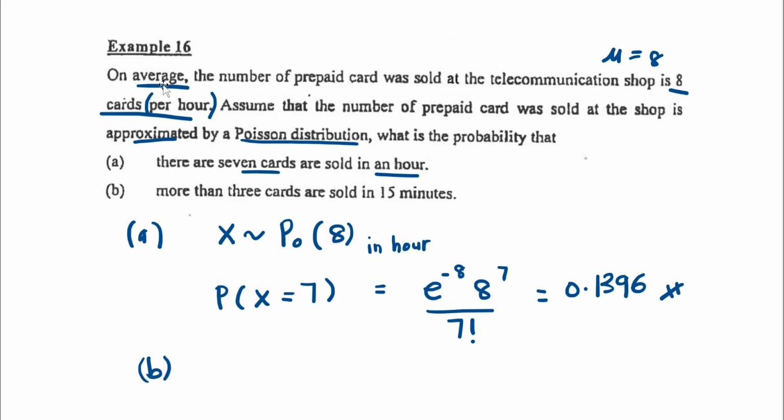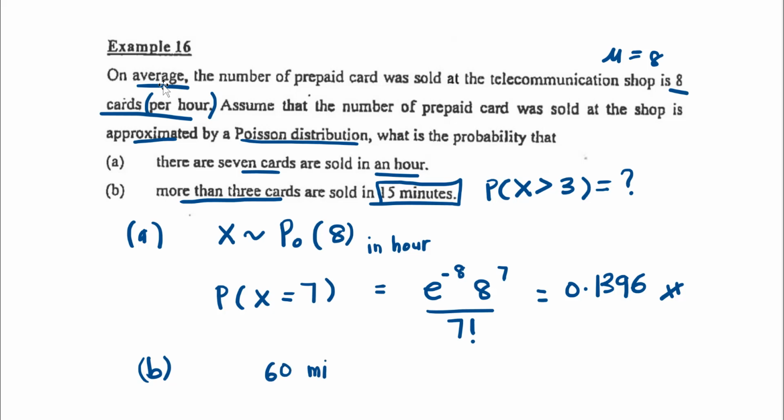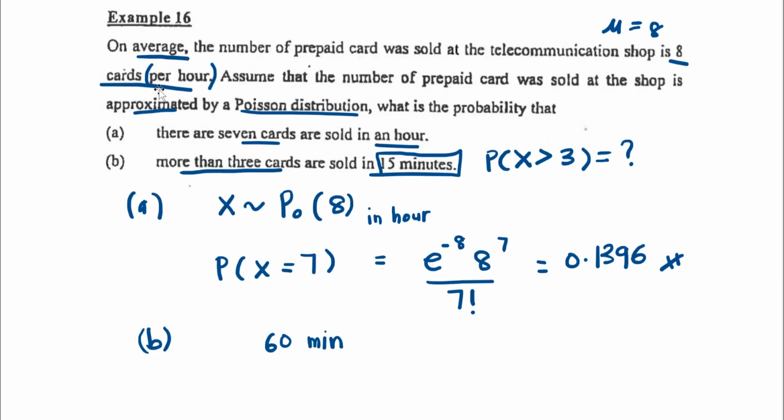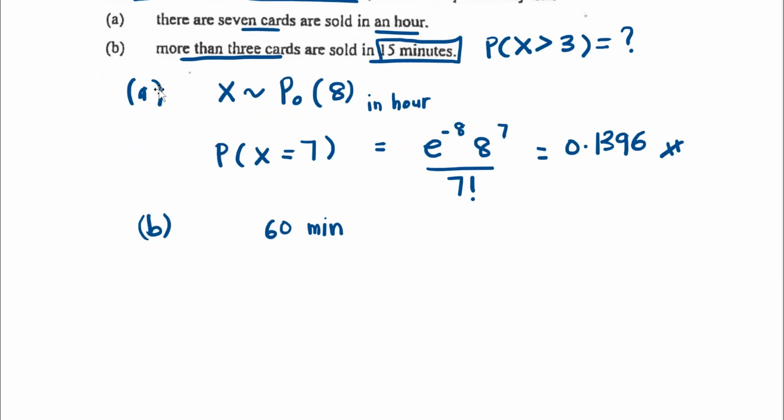Now we go to question B. More than 3 cards, that means x greater than 3, sold in 15 minutes. From the question you are given 8 cards per hour. Now the question asks you in 15 minutes. So in 1 hour, the cards sold is 8 cards.